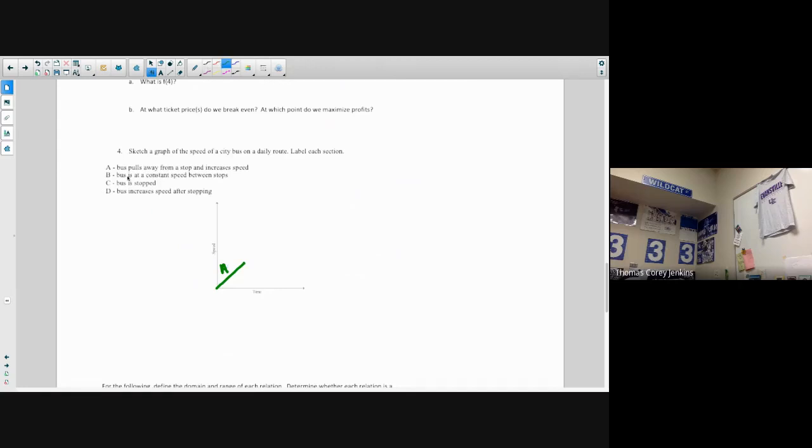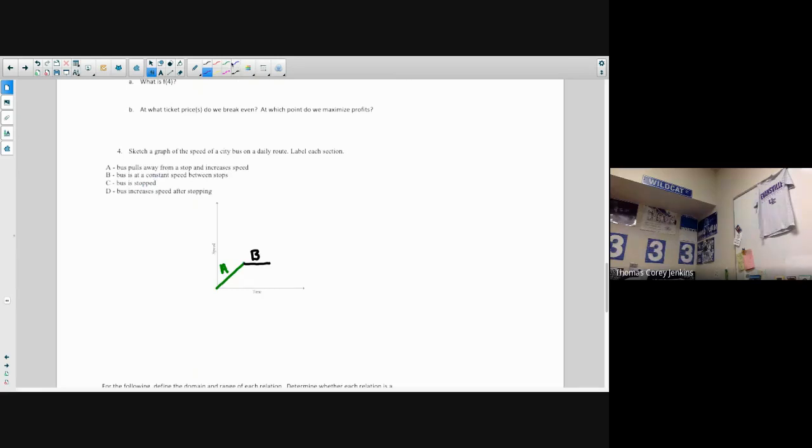In interval B, the bus is at a constant rate of speed between stops. So constant would be flat. I probably could have made interval A a little shorter, maybe more like this, but that's okay. Big thing is increasing, constant.